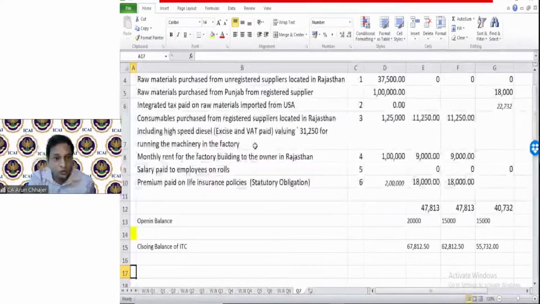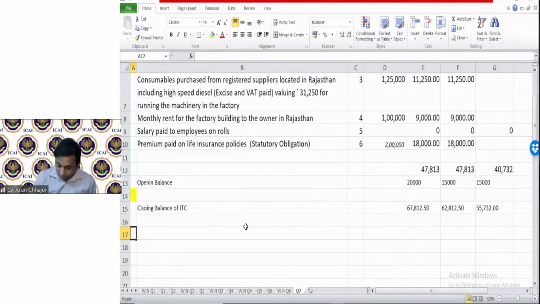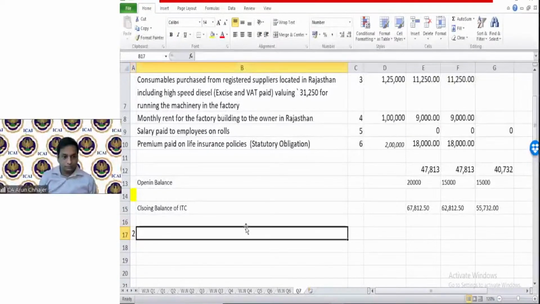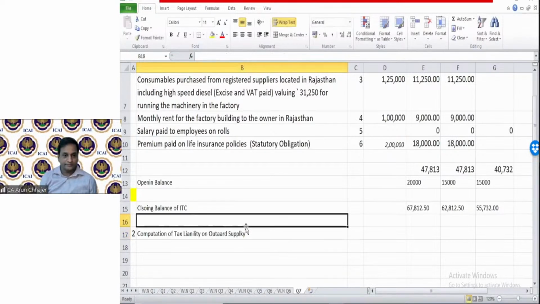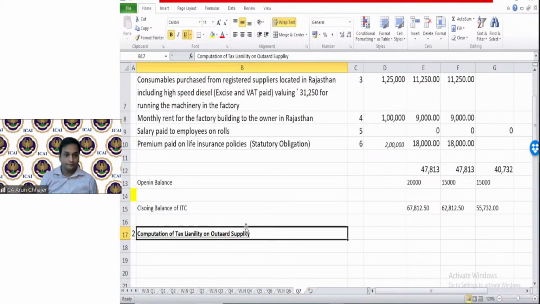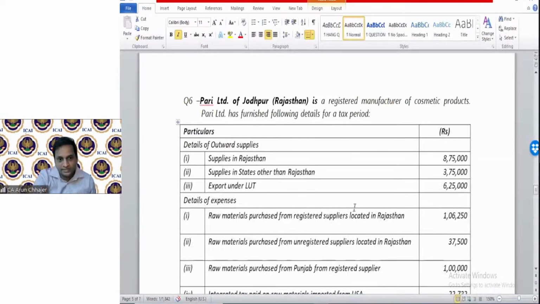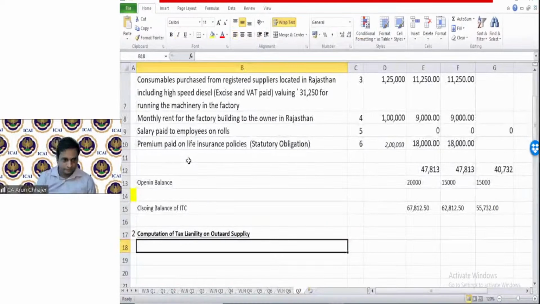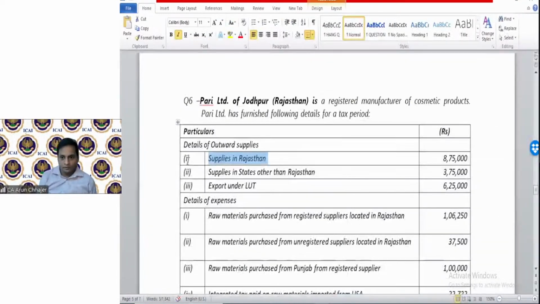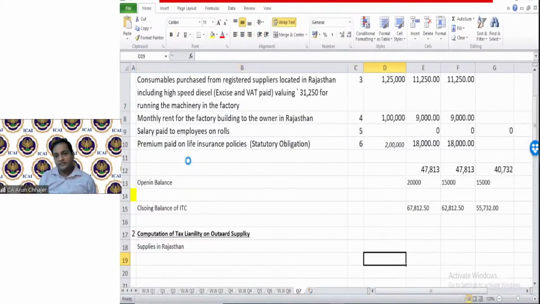Fine. So now let's do the computation of tax liability on outward supply. How much is the sale? Supplies in Rajasthan: 8,75,000.